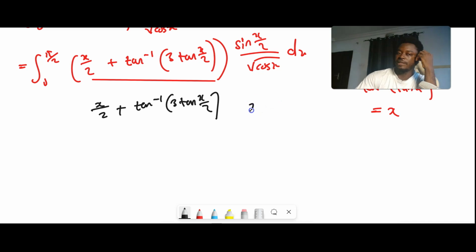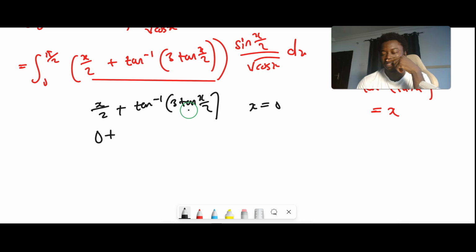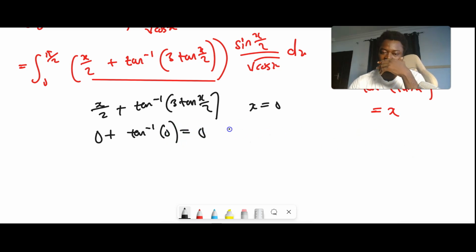Now let's set x to be 0. At the boundary term, you have a 0 plus tan inverse of 0, which is 0, right? So that is less than pi over 2. So that checks.